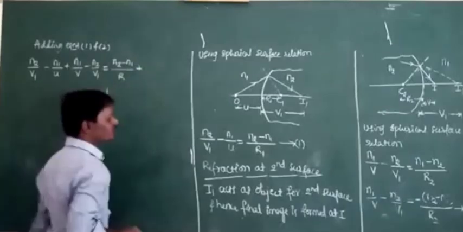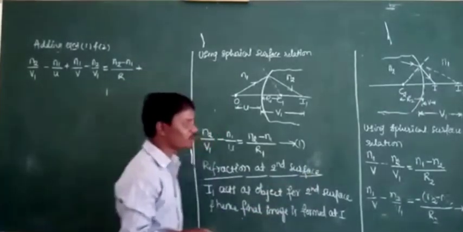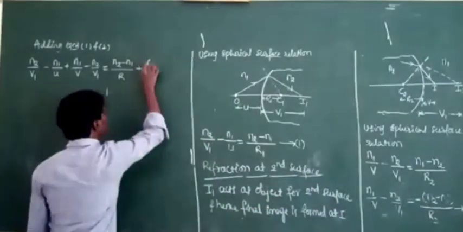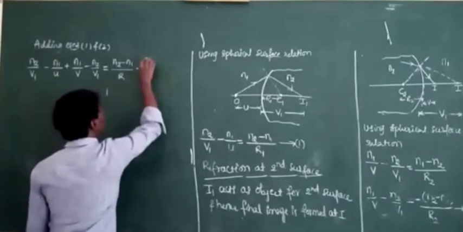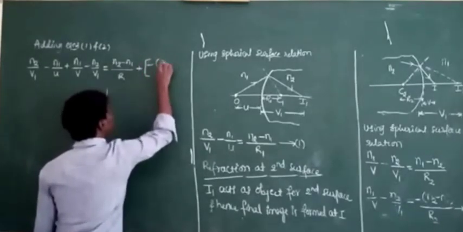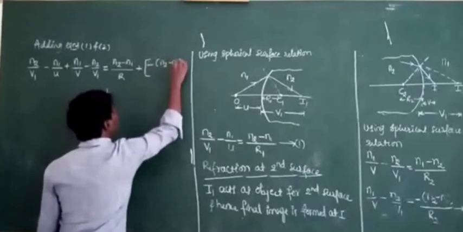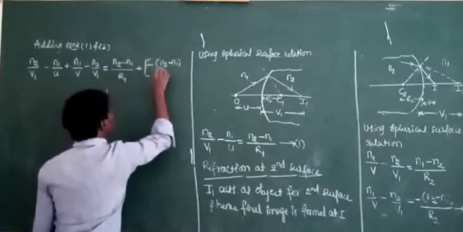plus the right hand side of equation 2, that is minus of N2 minus N1 divided by R2.